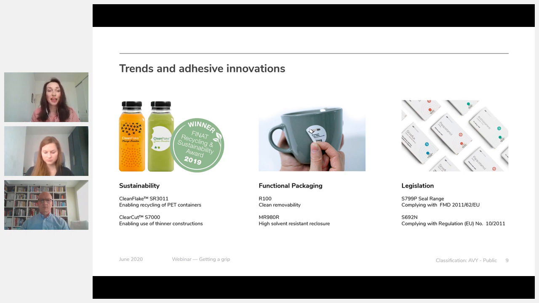And another example I have here, if you work with us, you definitely know S692N, an adhesive with a very good food approval, specifically direct food approval, fatty food approval, that is used for a wide range of applications.